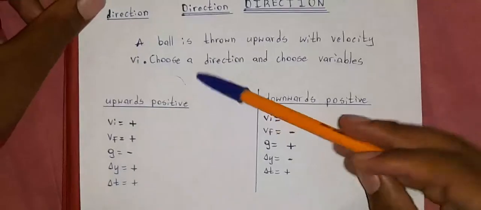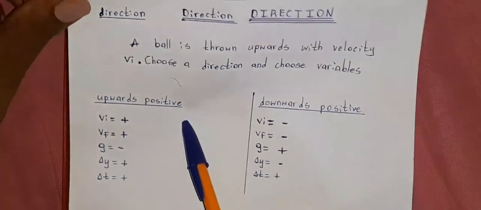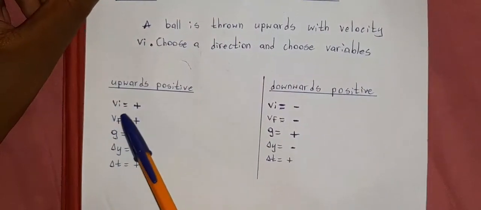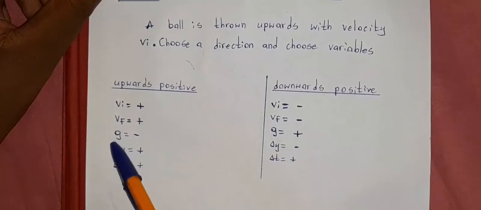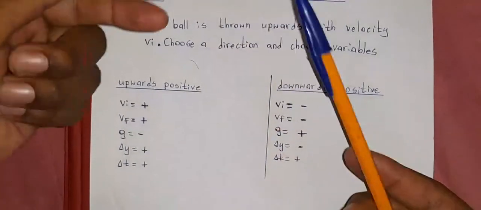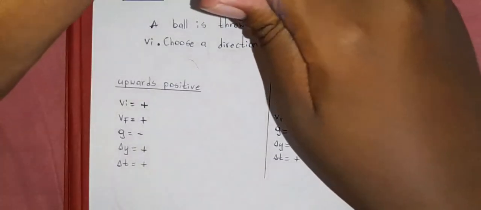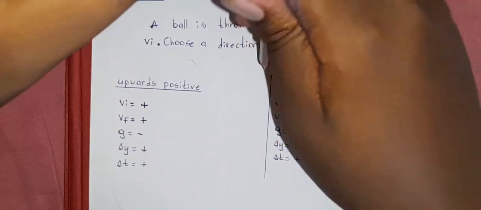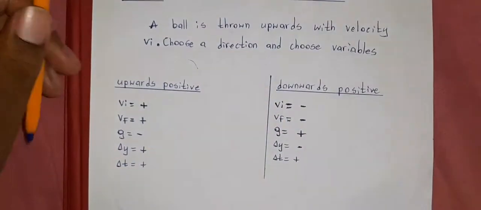So when a ball is going upwards, let's choose upwards as positive. So it will have a positive initial velocity. It will have a positive final velocity. It will have a negative gravity. Why a negative gravity? Because it is going up, but gravity acts downwards. So gravity acts against the motion of this projectile there. That's why it's negative.